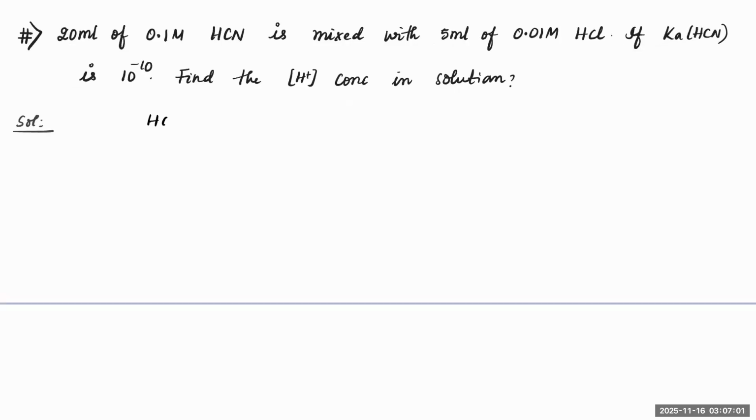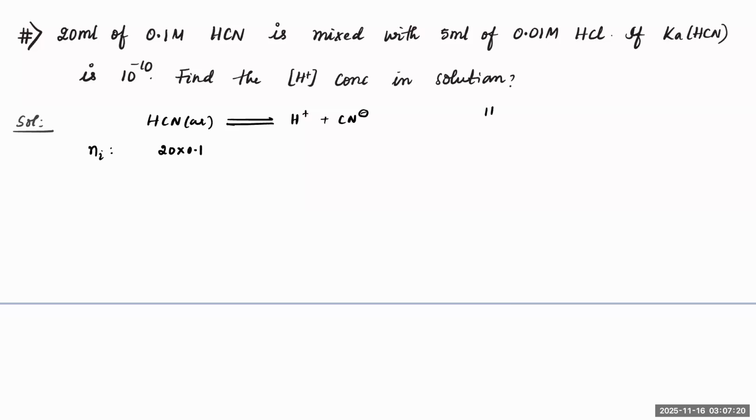See, HCN aqueous is in equilibrium with H plus and CN minus. Now write everything in terms of initial number of moles, which is 20 into 0.1 millimoles. And how about H plus?